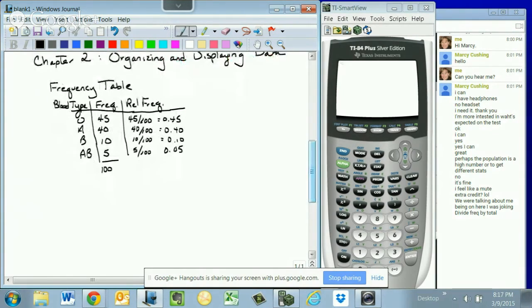You could also organize quantitative data in that same way. And we looked at two different types of quantitative data, discrete and continuous. So quantitative discrete is counts.